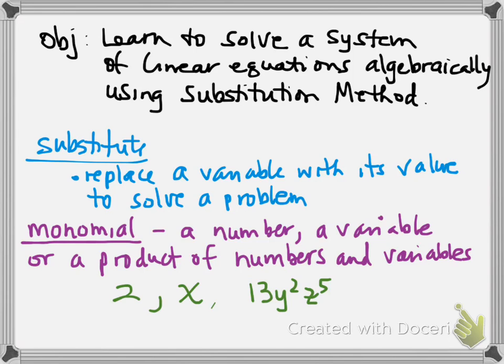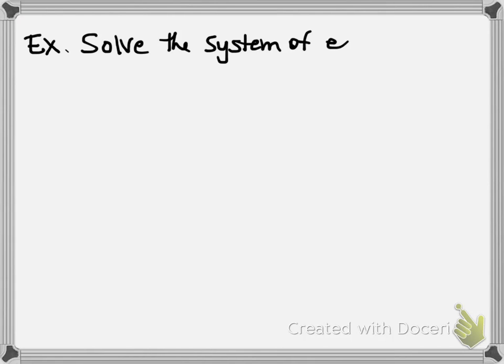So what we're going to do now is we're going to switch gears, and we're going to use this algebraic method, substitution, to help us solve a system. Okay? So here we go. I'm going to give you two equations, and the directions are going to say this. Solve the system of equations algebraically.